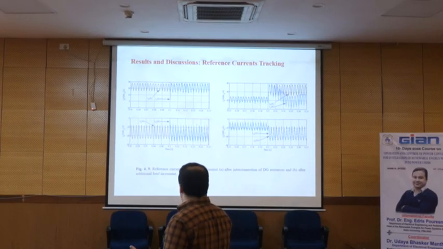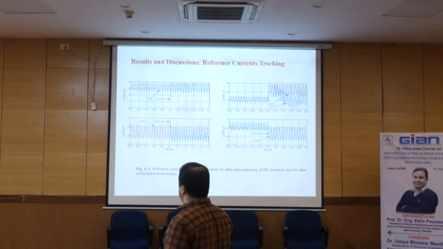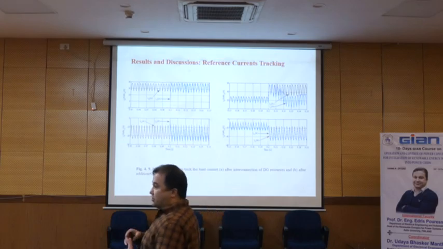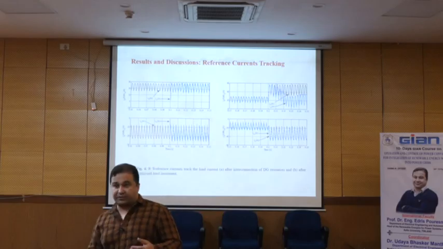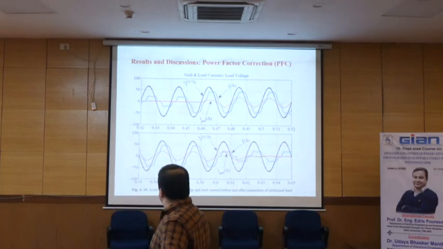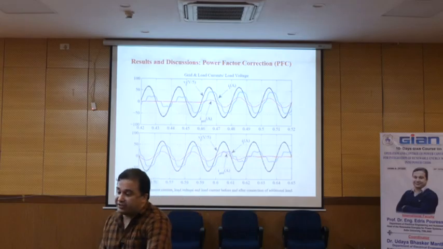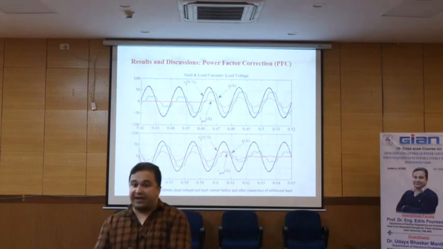But we see that the reactive power, even after load increment, we also have the possibility to compensate. And this is also power factor correction. We see that the active power and reactive power are in phase in grid current and grid voltage.